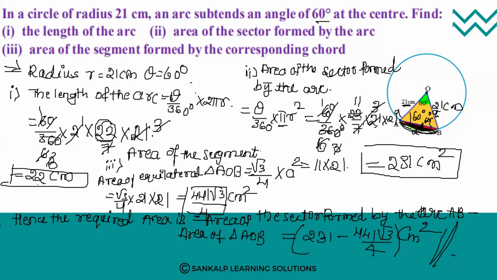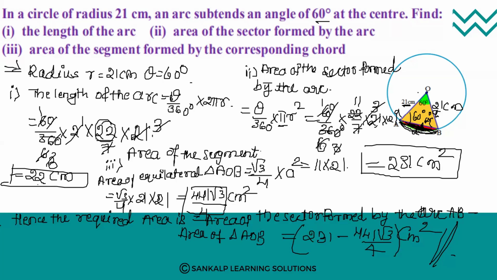Next, the third one is the area of the segment formed by the corresponding chord. This part is the segment, the minor segment here. One equilateral triangle will form, so we have to find the area of the equilateral triangle, that is root 3 divided by 4 into a square, where a is the side.